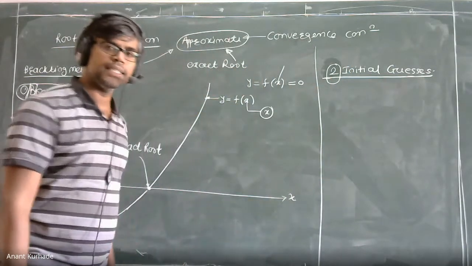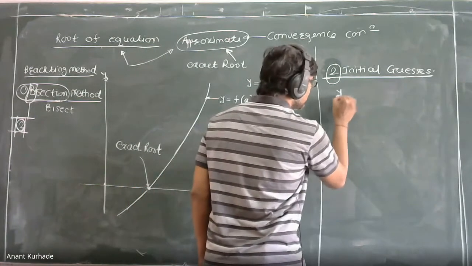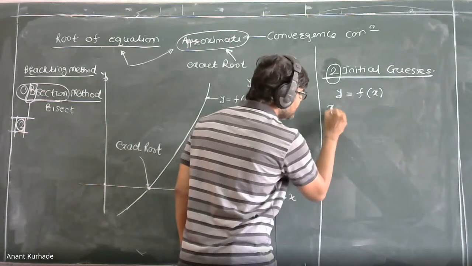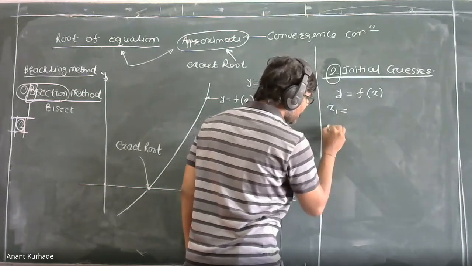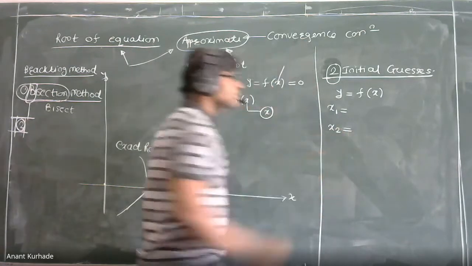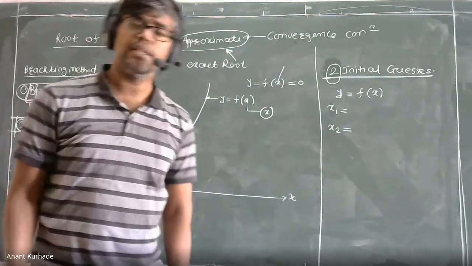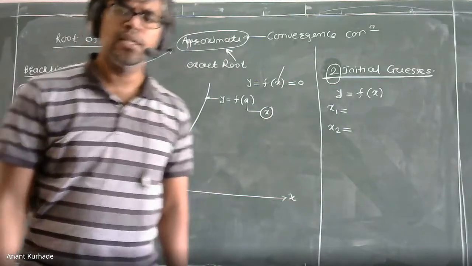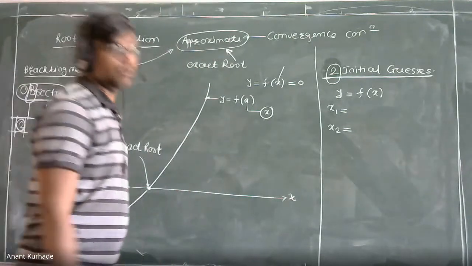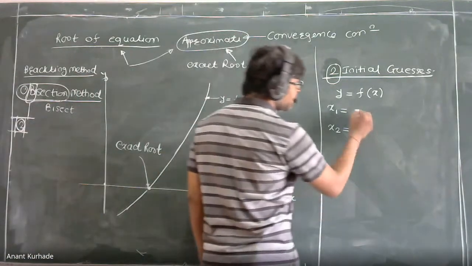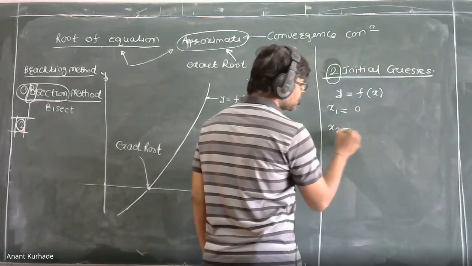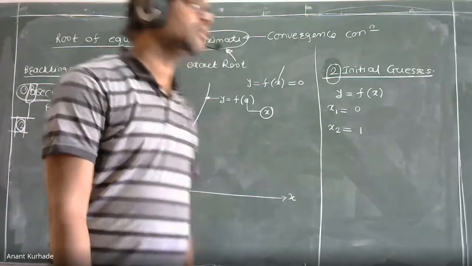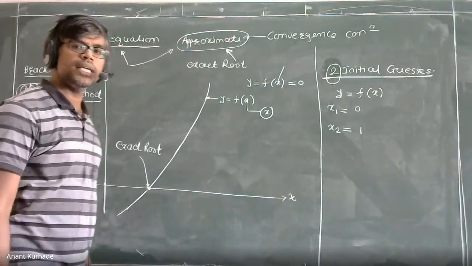If we have the equation y is equal to f of x, the initial guesses are x1 and x2. If these are provided in the problem statement, then you can write given x1 is equal to this, x2 is equal to this. But if it is not given, then you can start with x1 is equal to 0, x2 is equal to 1, if guesses are not given.